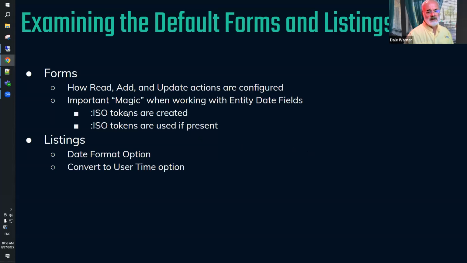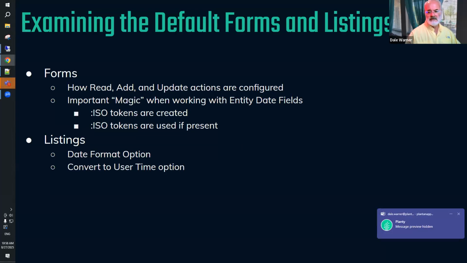I'll probably demonstrate this in just a second, but when you use our read action, in addition to getting back all of the fields of a record, if it's a datetime field or a local datetime, you're going to get an ISO token created for you automatically without your asking, and that's very useful to be able to display with.